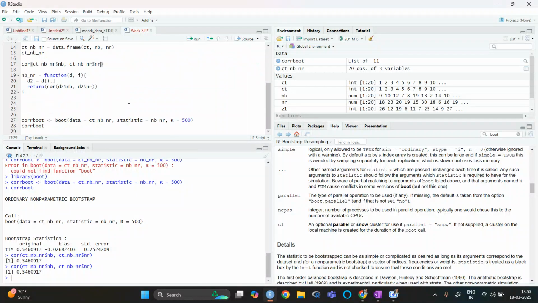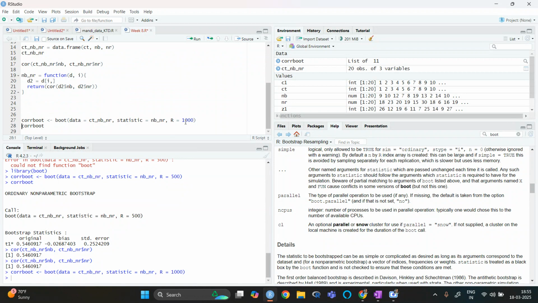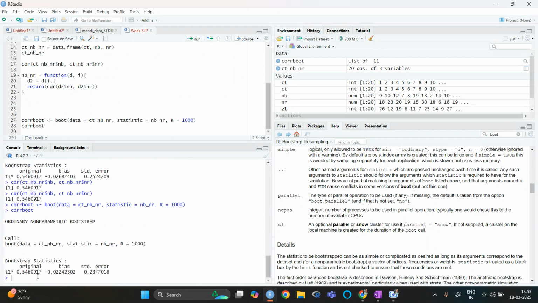Now I can take it 1000 times also. So here, now you can say what is the biasness. So biasness is that the original one is this, the biased one is this. So biasness is from the real value, how much biased are these bootstrap samples.